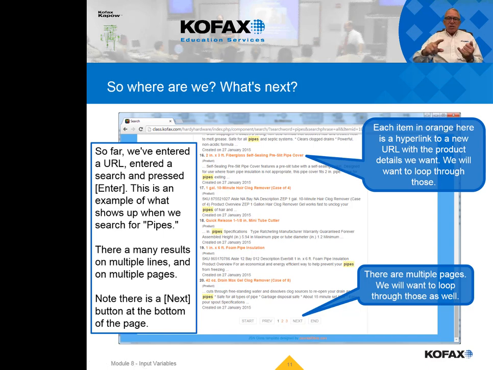Okay, so just to review where we are so far, we have entered the URL in our load page step. We have entered text into our search term and pressed a key called enter, and then we bring this page up. So what we want to do now is begin looping through these items and bringing up the details on each of them.